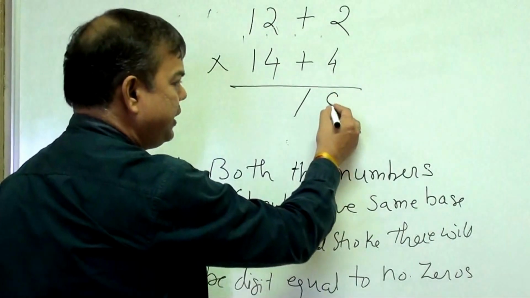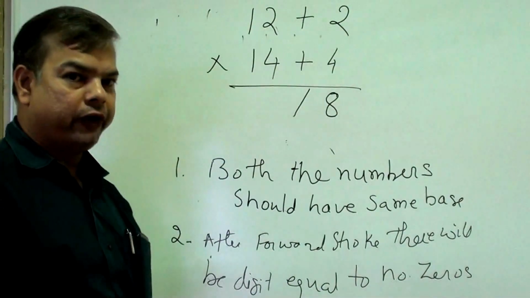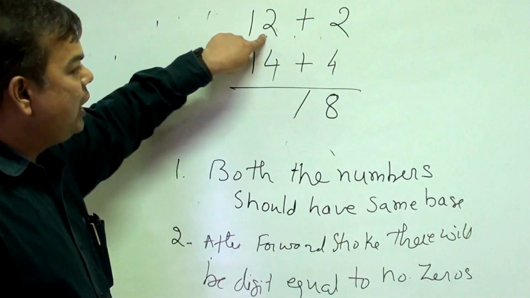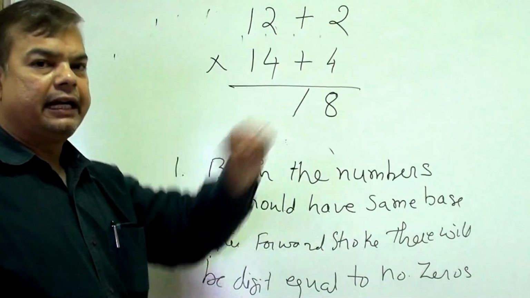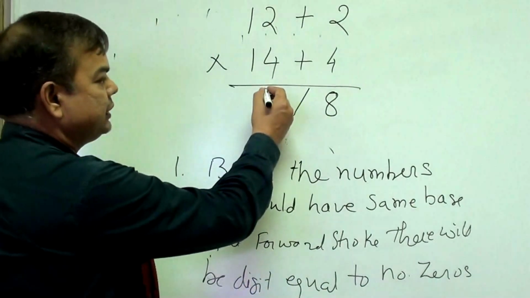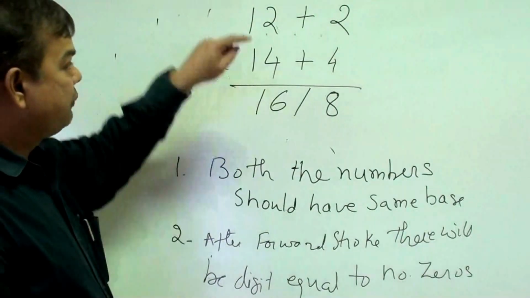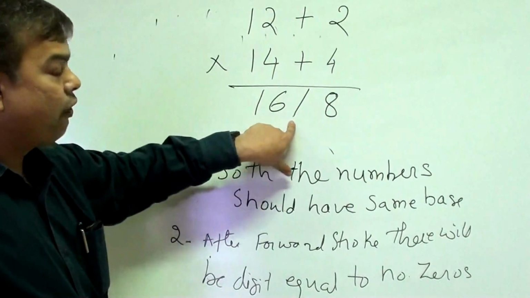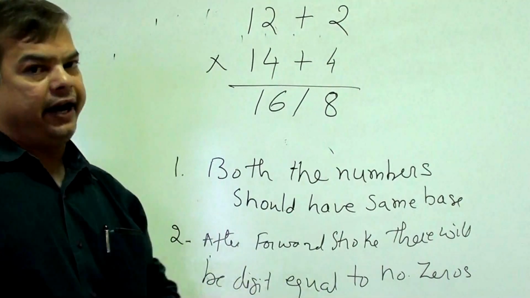So you will write 8 here. In this case your multiplication is over. After that you will simply cross add. So 12 plus 4, that is 16, or 14 plus 2, that is 16. So your answer is 168. Now in this case you have seen that both the numbers are close to the base 10, and after this forward stroke you have written only one digit, that is 8.